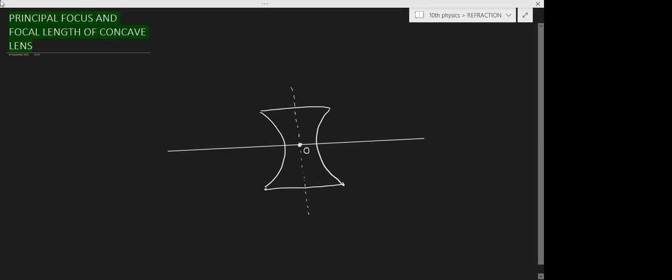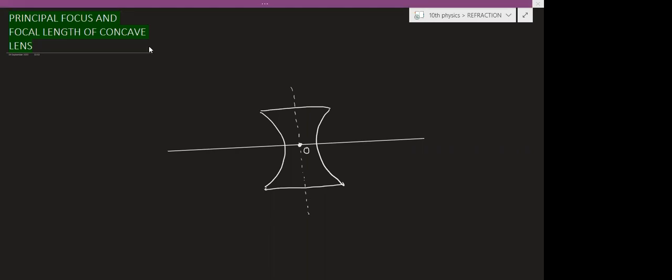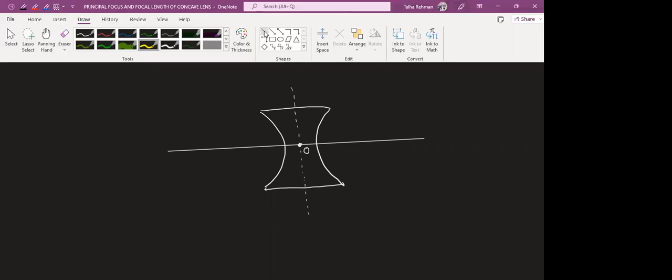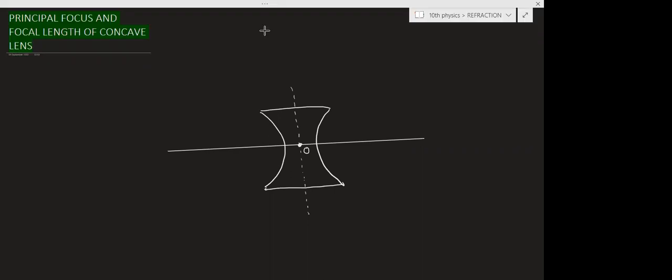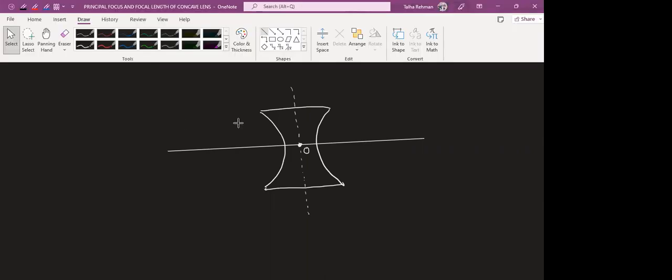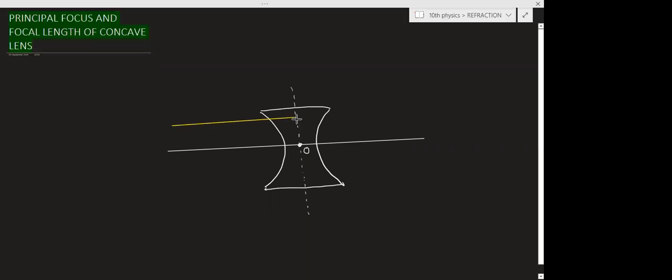Okay, Azaan, see this. This is the concave lens, and this line is the principal axis, and this is the optical center. Rays are coming like this.